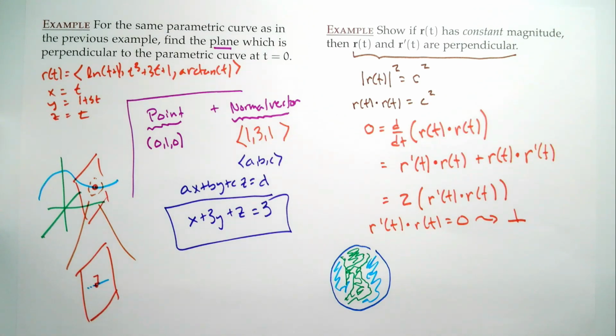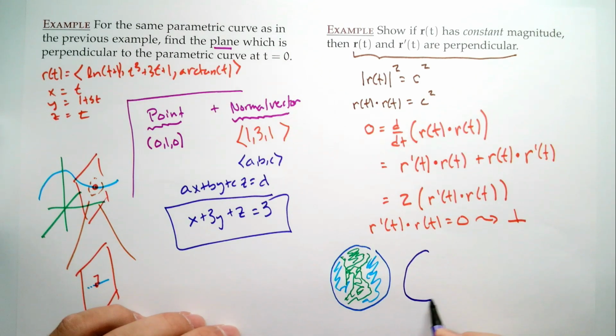But what you can imagine is if you live on a sphere, a sphere is really cool. It has the following property: if you're on a sphere, you're always equidistant to the center. So if you're on a sphere, you can imagine that you travel along the surface of your sphere.